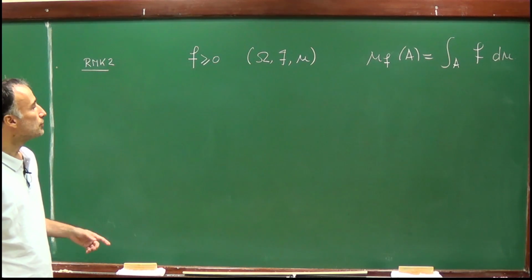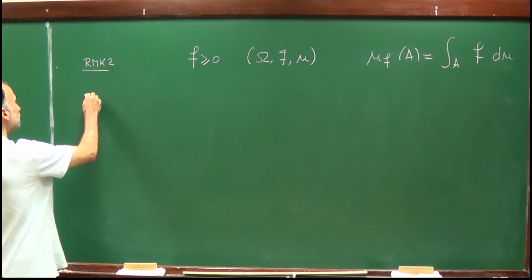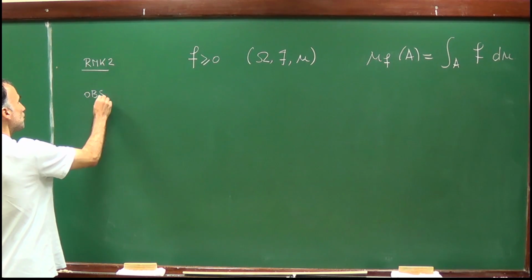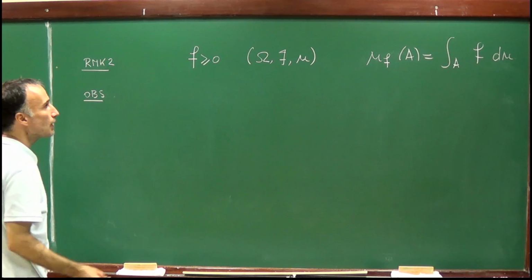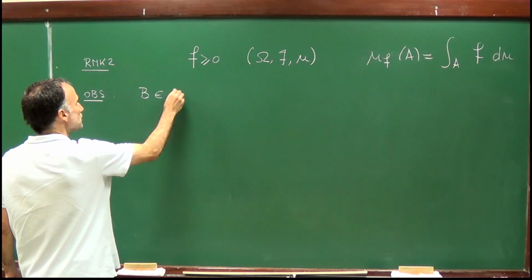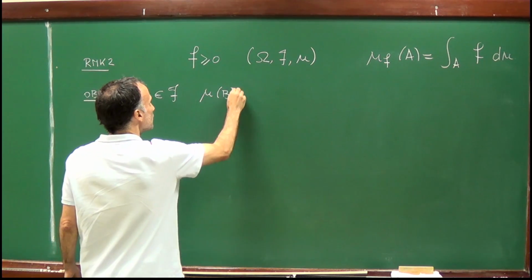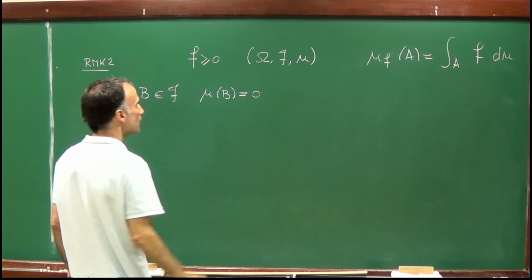I want to make an observation about this measure. It's the following. Assume that we have a set B, which is measurable, of course, such that mu of B is equal to 0.